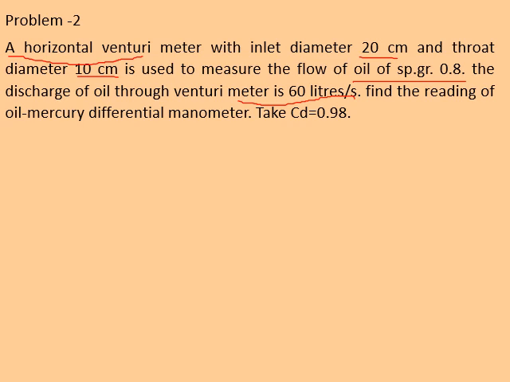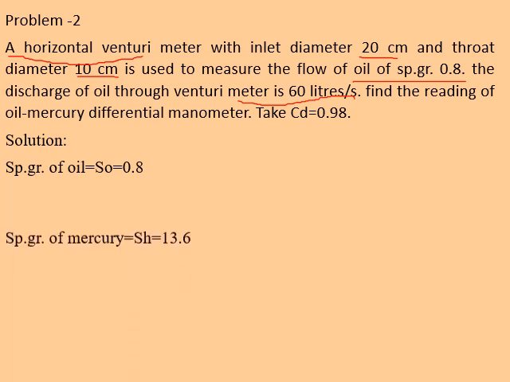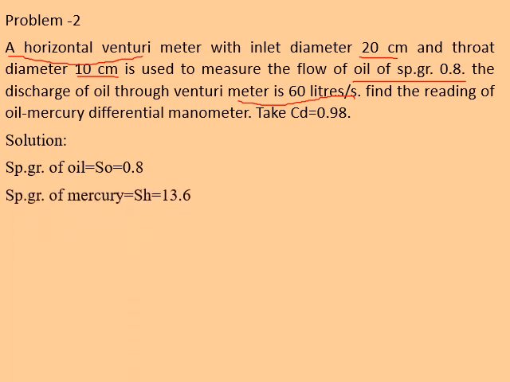That means now I want to find out what is the differential mercury level in the U-tube manometer, that is, X is equal to what. So take the coefficient of discharge as 0.98. Now see the solution. The specific gravity of oil S of O is equal to 0.8. Specific gravity of mercury S of H is equal to 13.6.